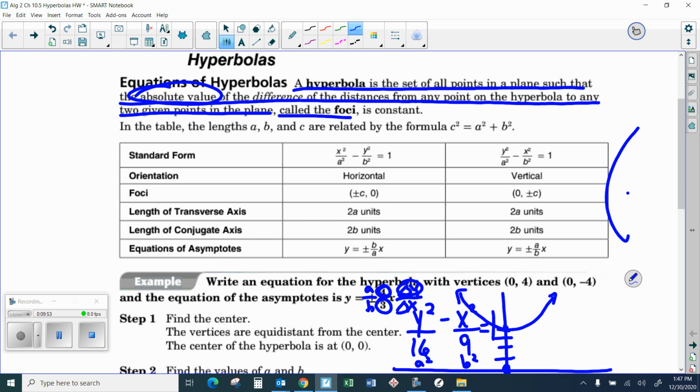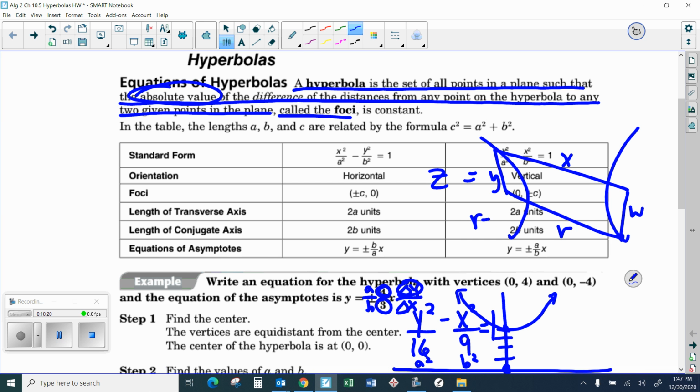So that distance, I take that distance and that distance, I subtract them. Call that x and that y. X minus y must be the same. Say it comes out to be z, whatever that number is. Now take any other point, call that w, into the other foci, r.